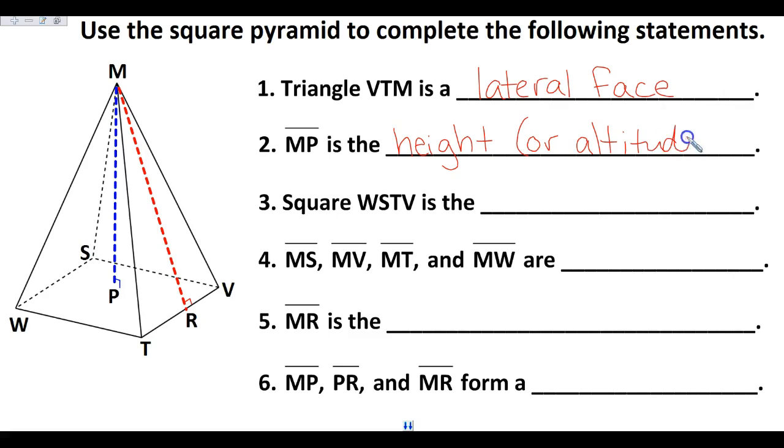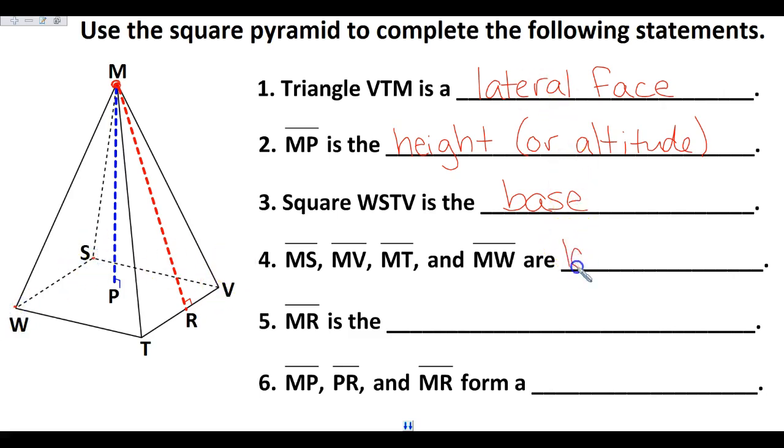Altitude. You'll see either or all the time. All right, square WSTV, this right down here, is your base. Then let's look at these sides: MS, MV, MW, and MT. So it's all the segments that are attaching this vertex to the four corners of your base.